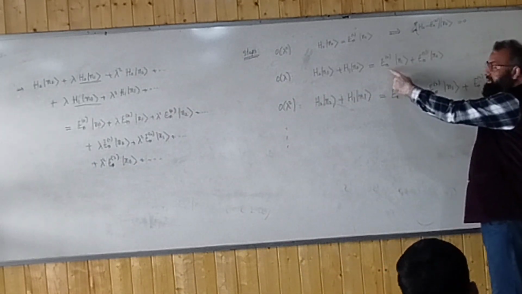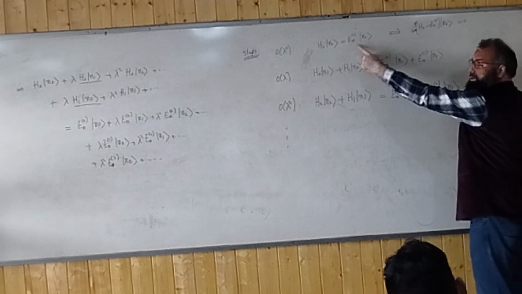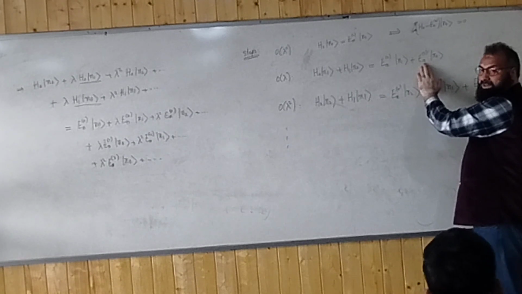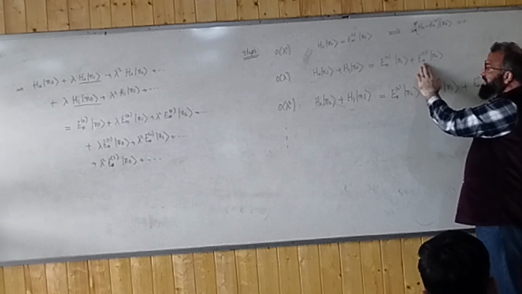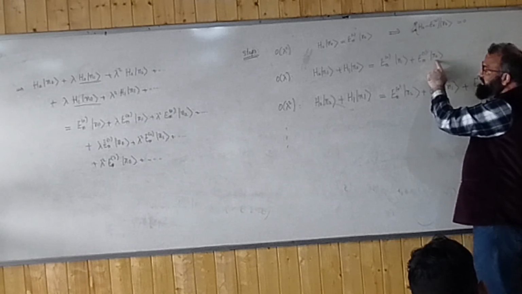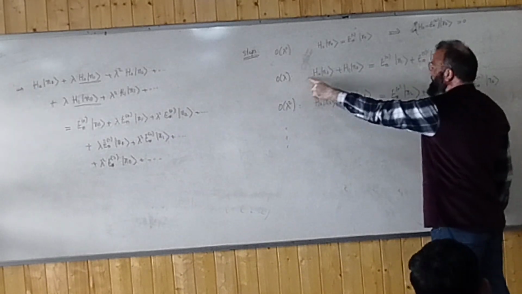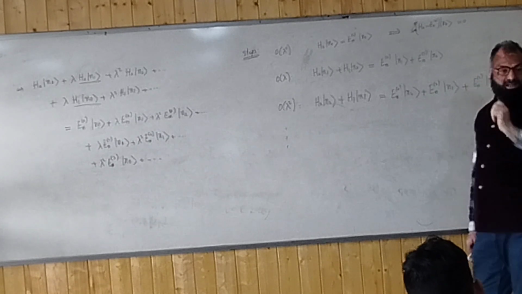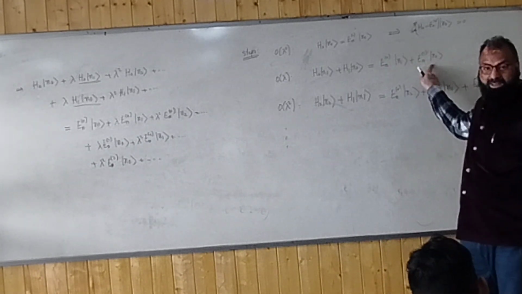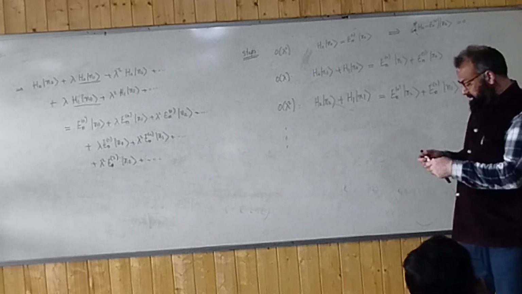En0 is known to me. So what is unknown in this equation? It is En1. So what I need to do is make an overlap with <n0> on this side. <n0| and |n0> are normalized, so then this gets free from this |n0>. Clear?